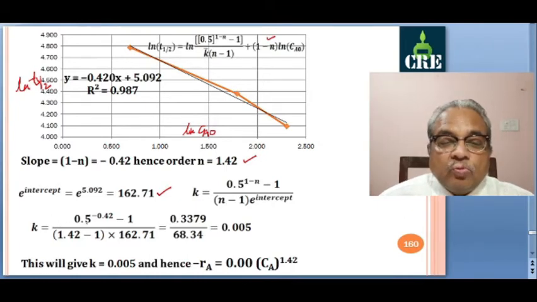So k is equal to 0.5 raised to 1 minus n, which is minus 0.42, minus 1, divided by n minus 1. n is 1.42 minus 1, and the exponential of the intercept, 162.7. So when you calculate this, you get k as 0.005. So minus rA we can write as 0.005.